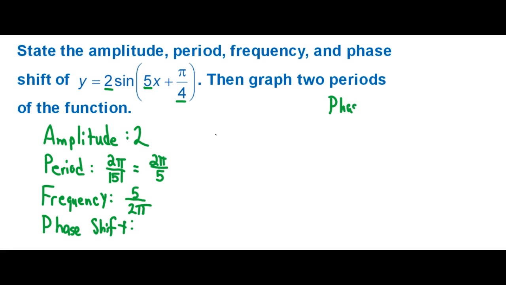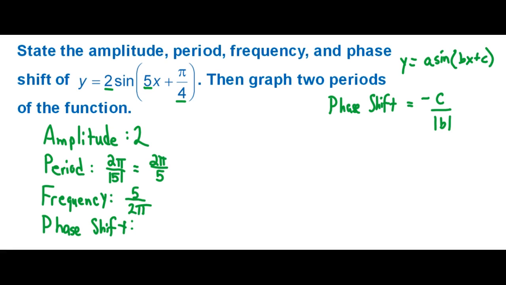The phase shift is negative c over the absolute value of b, assuming we have the function y equals a sine or cosine of bx plus c.